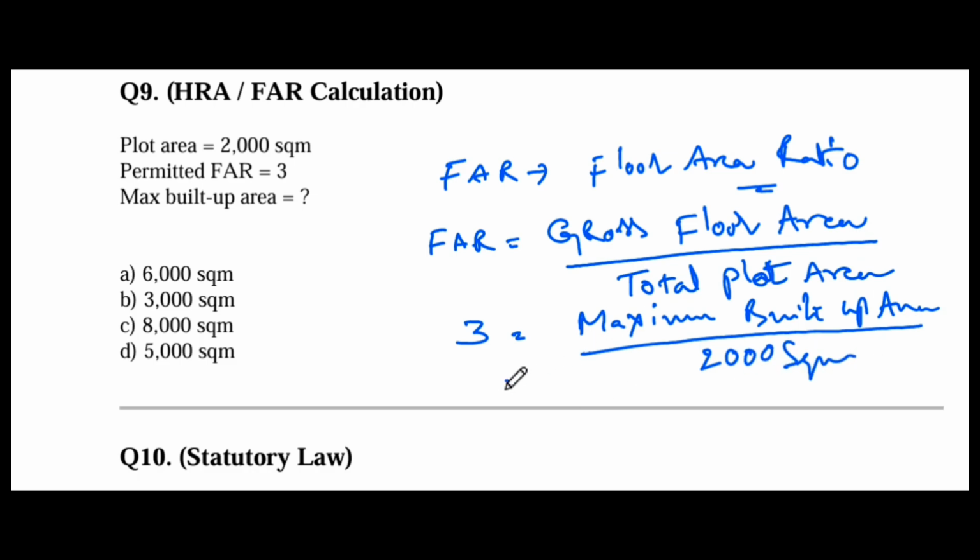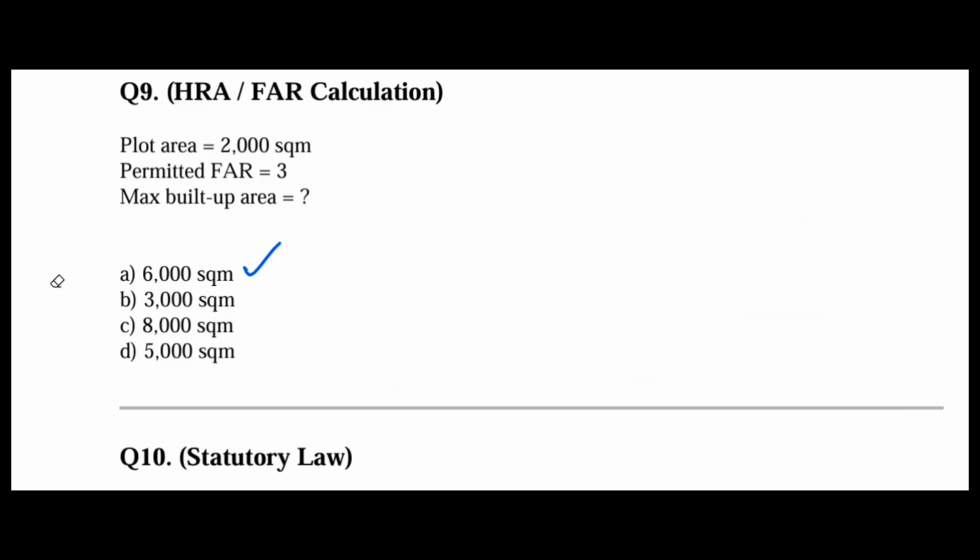So the answer will be 3 into 2000, which means 6000 square meters. Here I have to explain one concept.